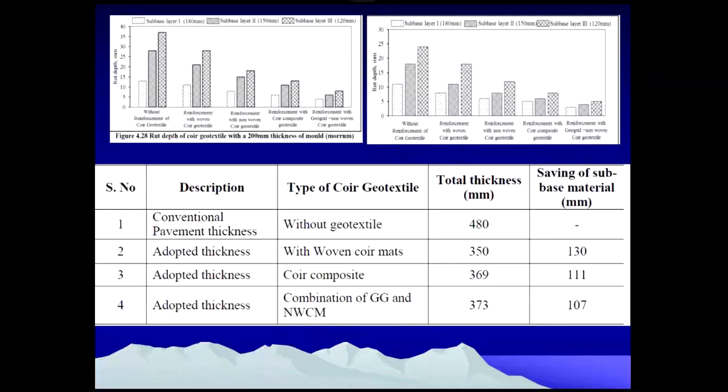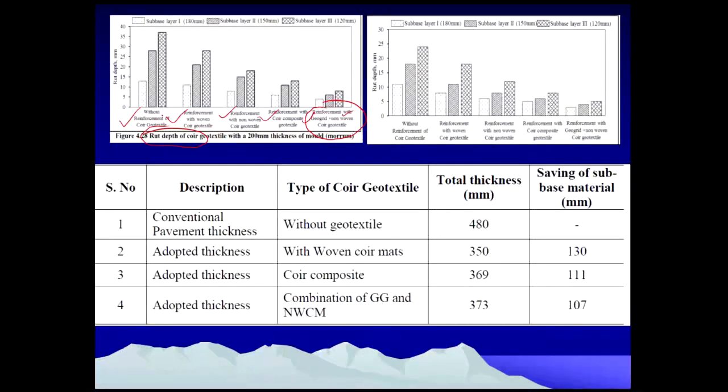You can see here, we are interested in the rut depth. What is the rutting potential of the coir geotextiles over different materials? You can see here: without reinforcement, with woven coir mat reinforcement, non-woven coir mat, and reinforcement with a geogrid plus non-woven coir geotextiles. So we use a separation as well as a reinforcement function.